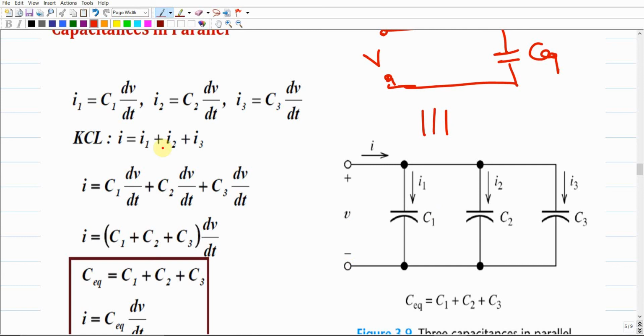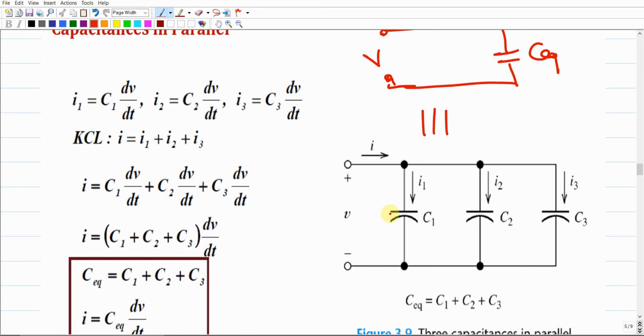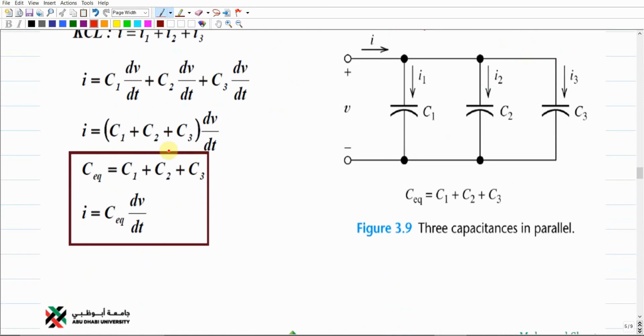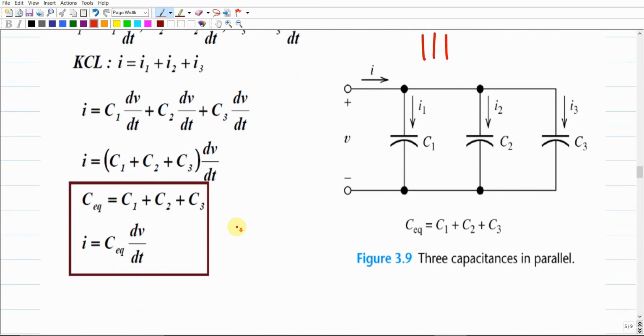If we apply this condition that the voltage is the same over all of them, and then apply Kirchhoff's current law, we end up with some manipulations. I won't go over these calculations in more detail, because we're going to reconsider this again, and you can easily understand this equation.